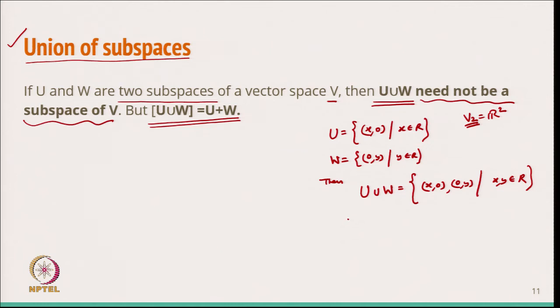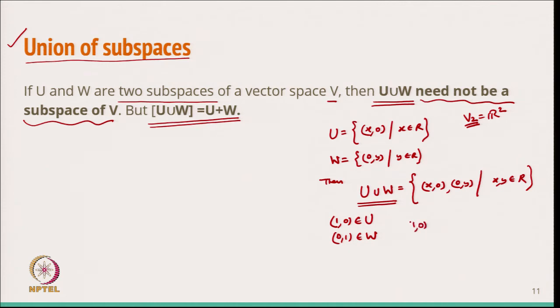Now I want to check whether it is a subspace or not. So, I take the element (1, 0). So, (1, 0) belongs to U, right. I take (0, 1), that belongs to W. Then let us see their combination.